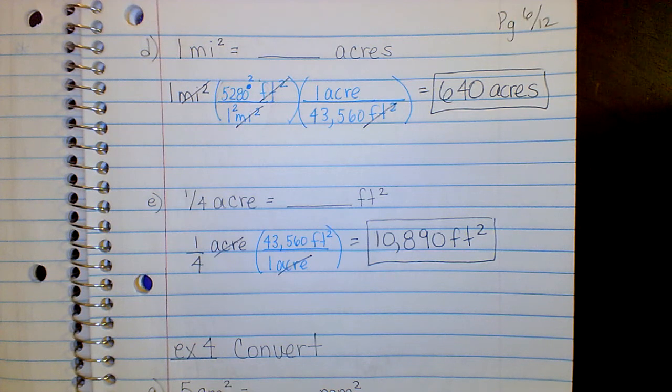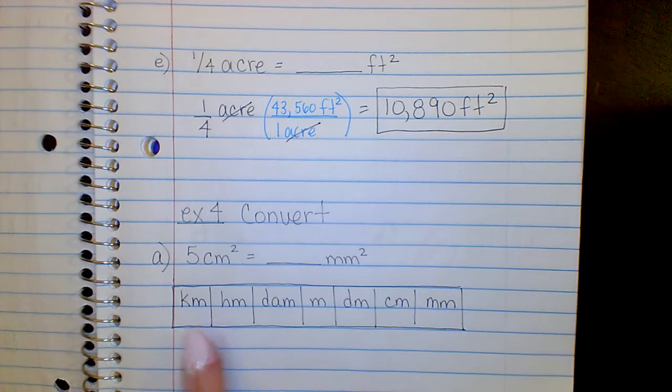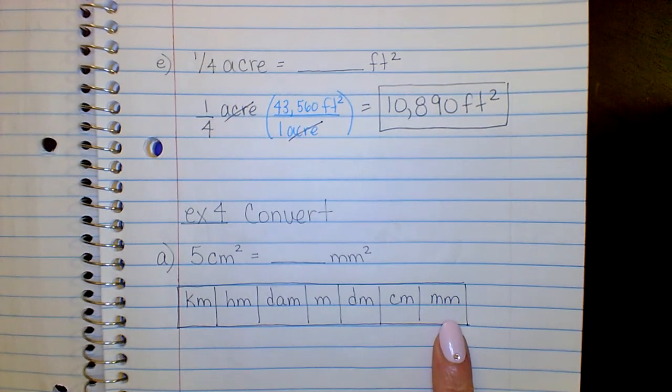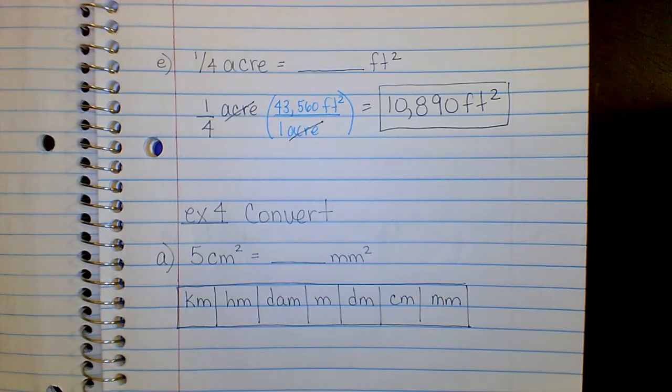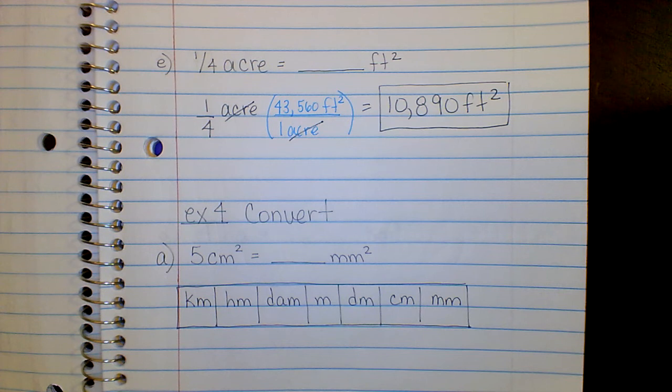All right, let's talk about how to convert area with the metric system. So remember our stair steps. Now with the stair steps, all we had to do was count. We just had to count how many place values we moved and in which direction we moved, and then we moved that decimal, boom, done. Easy peasy.